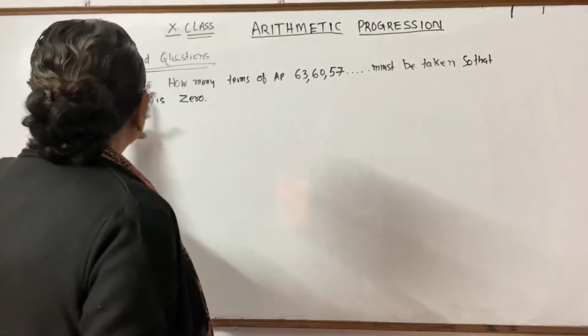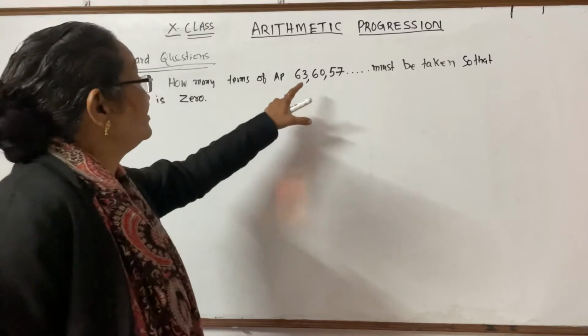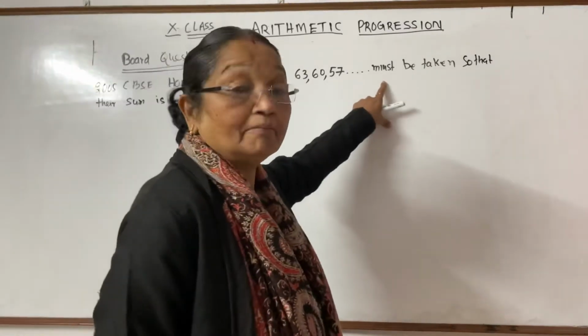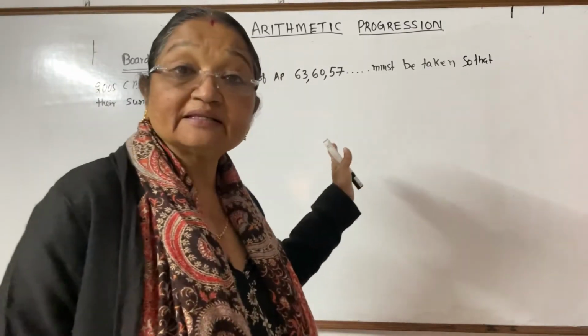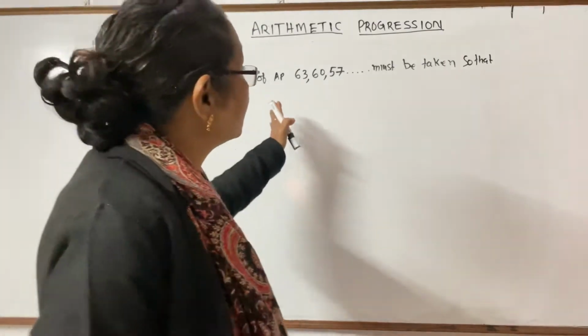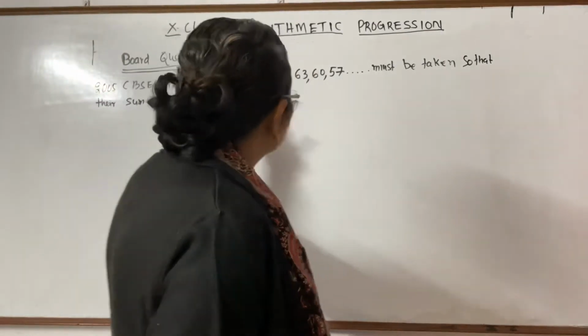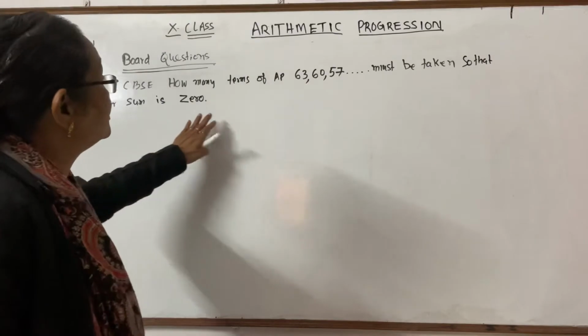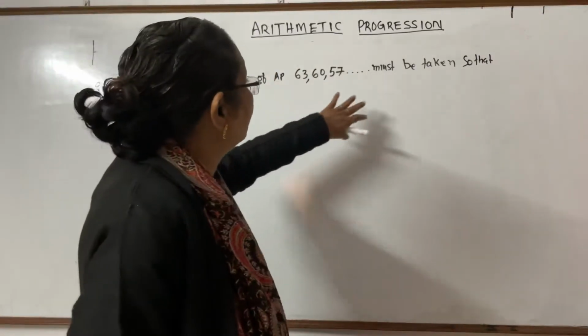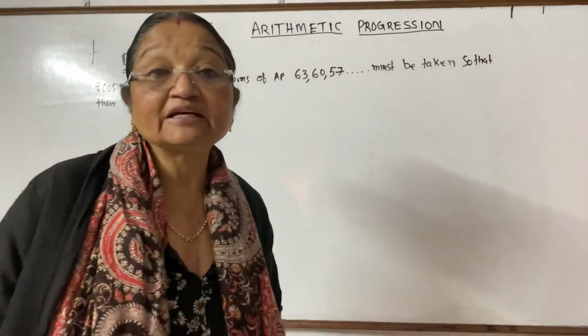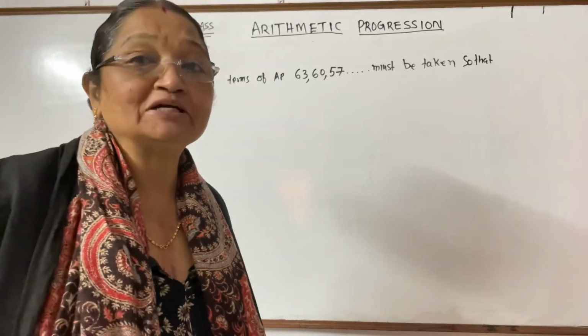What he says: how many terms of the AP must be taken so that their sum is 0? If you add all these numbers, 0 will come. You see how interesting.